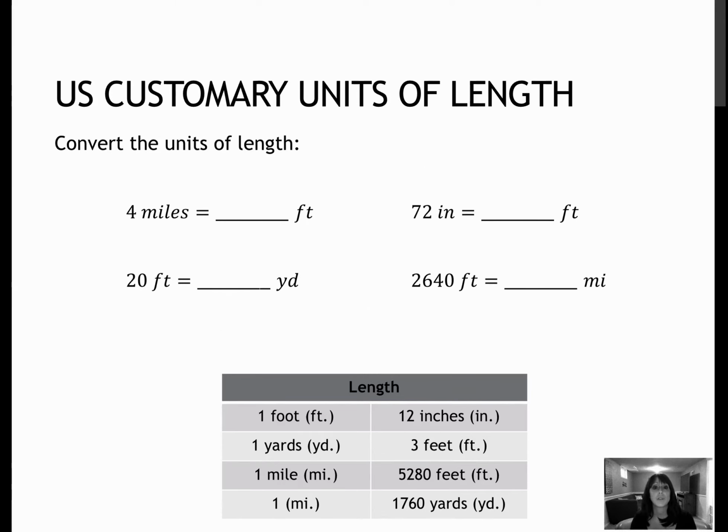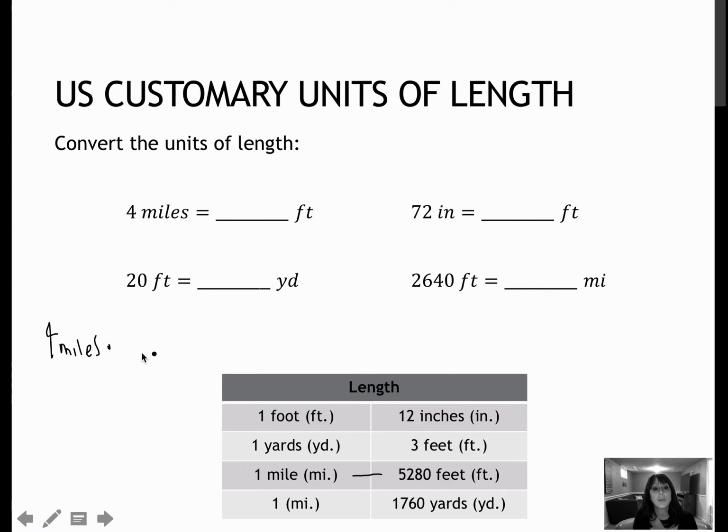Let's try a couple of conversions together. If I'm converting from 4 miles into feet, then I want to use whichever line has miles and feet equated. Here I know that 1 mile is equal to 5,280 feet. So I'm going to start with my 4 miles.